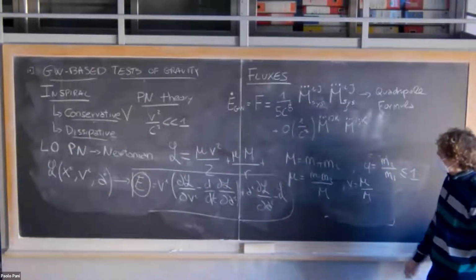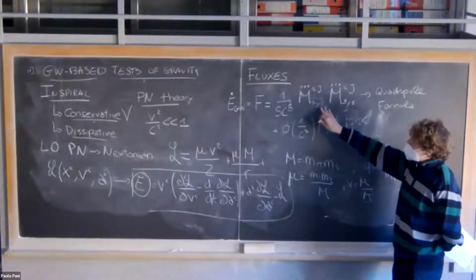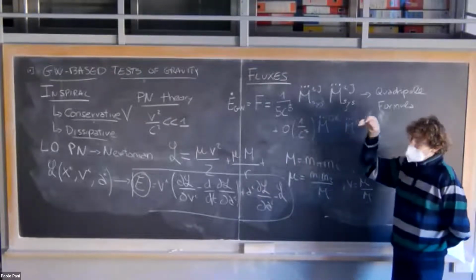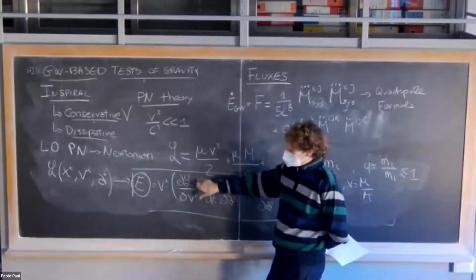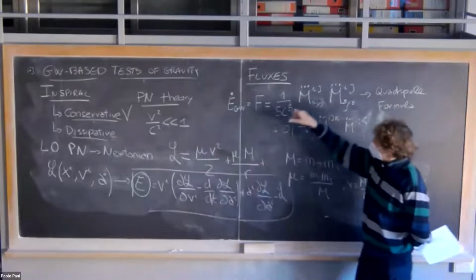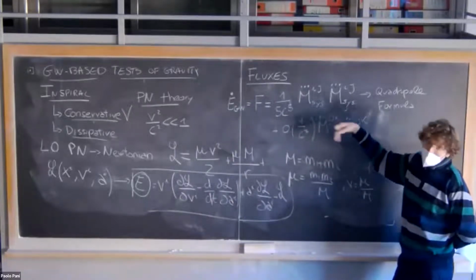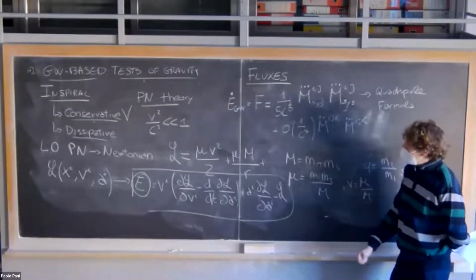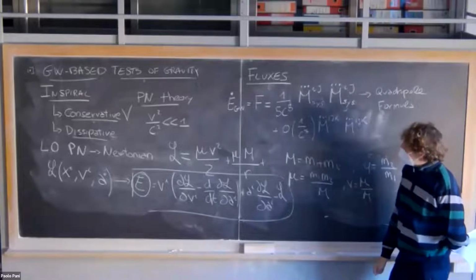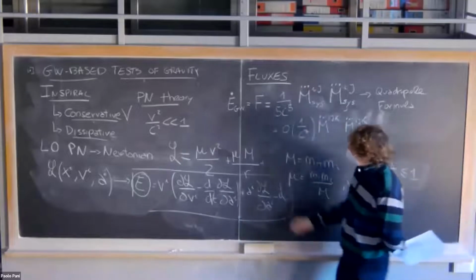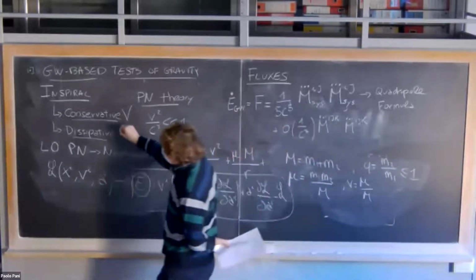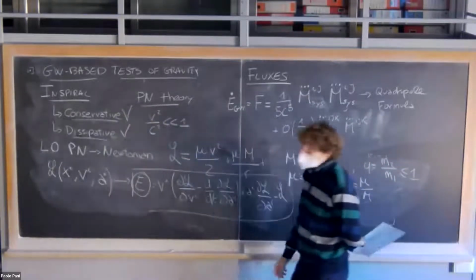Okay? But anyway, the point is there is a prescription to go from a given orbit defined by the conservative part, to how much energy per unit time is emitted for that particular orbit, given the multipole moments of the system. And this is of course describing the dissipative part of the dynamics.